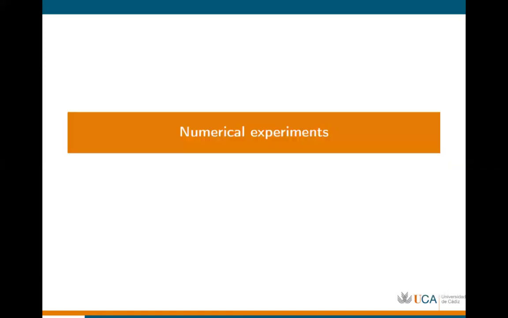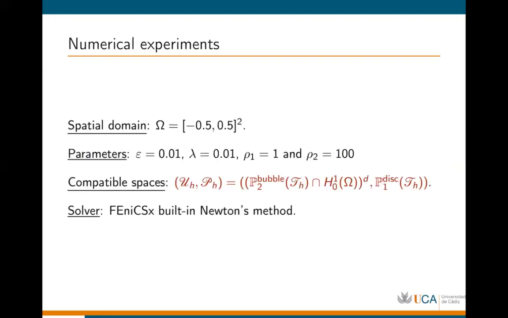So now that we have defined a robust approximation that we expect to work in different settings with different initial conditions, different sets of parameters, we are going to see a couple of toy problems, a couple of numerical examples where we have applied this approximation. So we just take a square domain, this set of parameters, and this choice for the discrete spaces for the velocity and the pressure that satisfies the constraint that I've mentioned before.